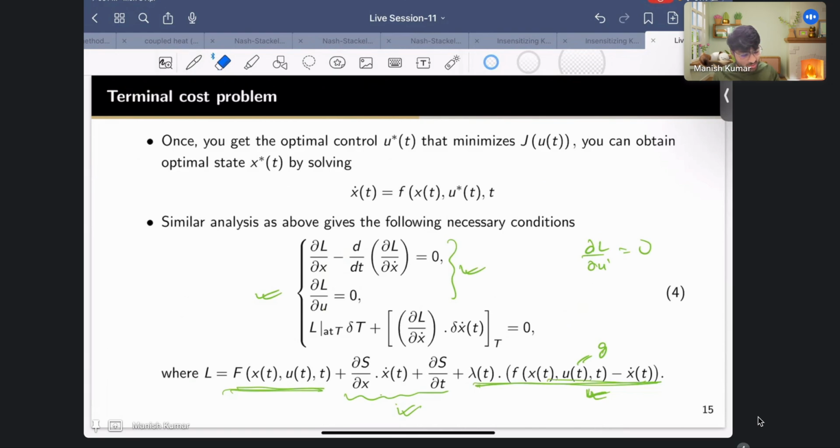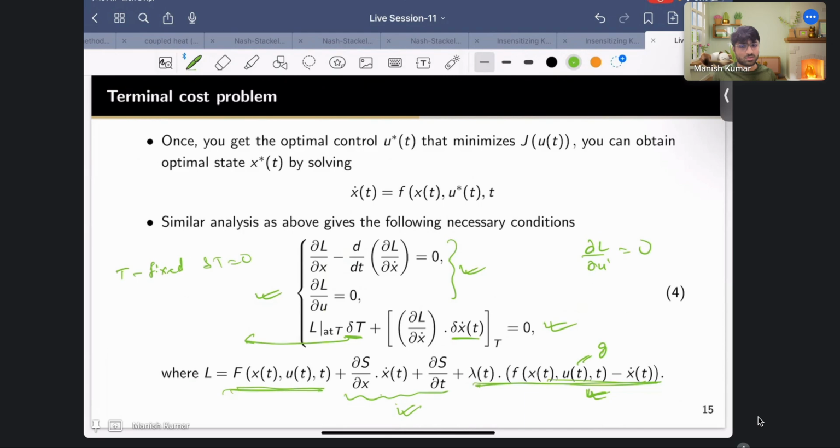This is something which is new. If you look at this term, you see this δt and this δx(t). This represents that if time is not fixed, then this δt represents the perturbation or the small change in the capital time T. I have said that there will be 3 cases. In one case, when time is fixed, this δt will be 0.